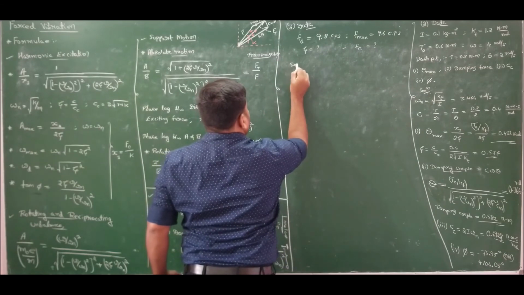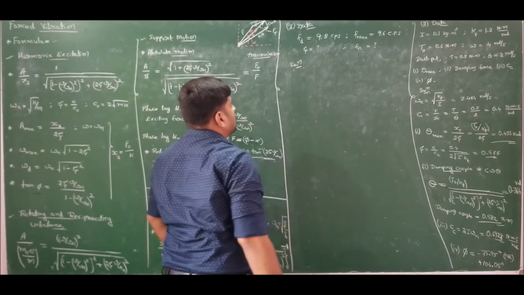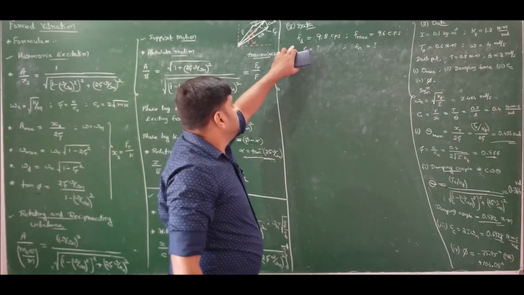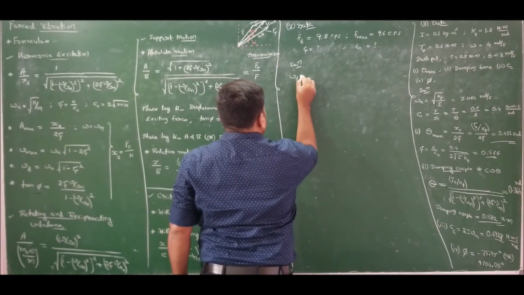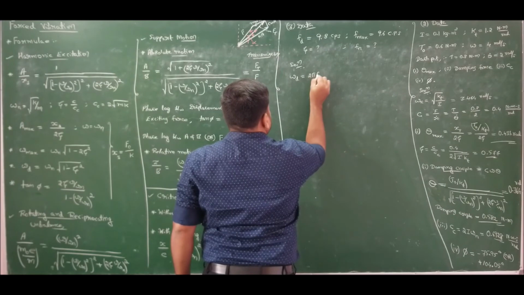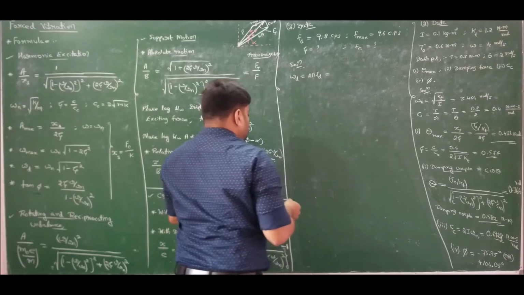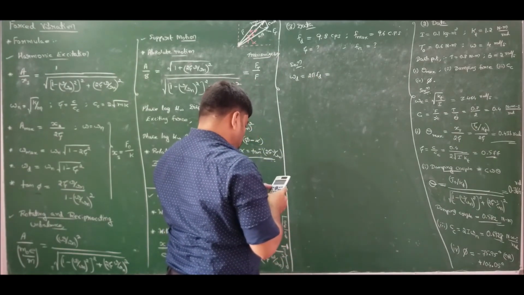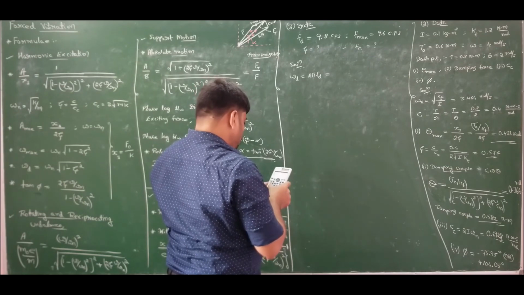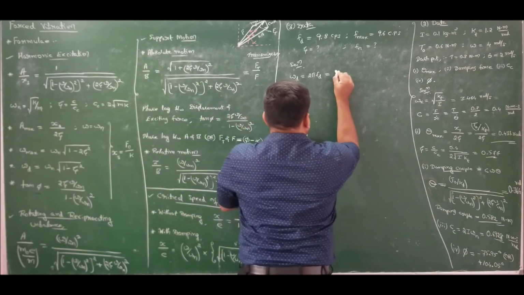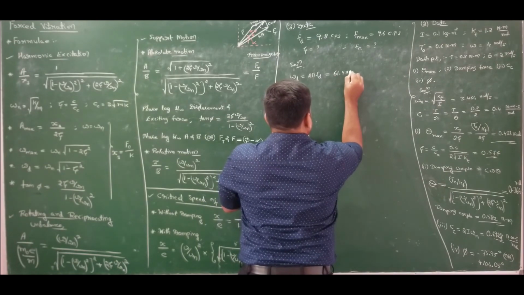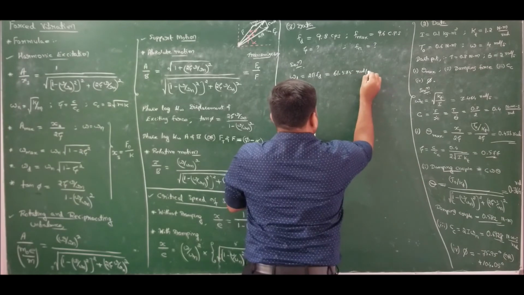Now if I move to the solution, he has given the damped natural frequency, so I can find omega d. Omega d is 2 pi fd. How much will I get? 2 into pi into 9.8, which is 61.575 radians per second.